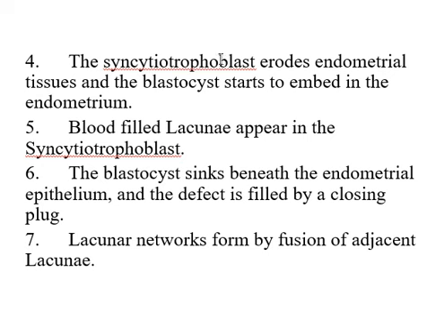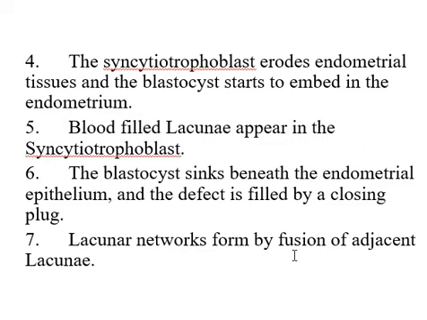The syncytiotrophoblast erodes endometrial tissue and the blastocyst starts to embed in the endometrium. Blood-filled lacunae appear in the syncytiotrophoblast. The blastocyst sinks beneath the endometrial epithelium and the defect is filled by a closing plug.